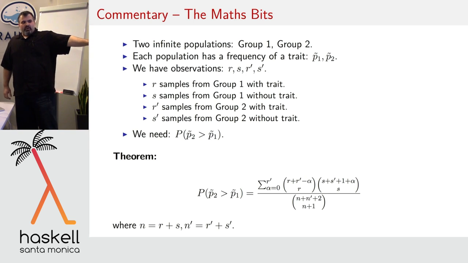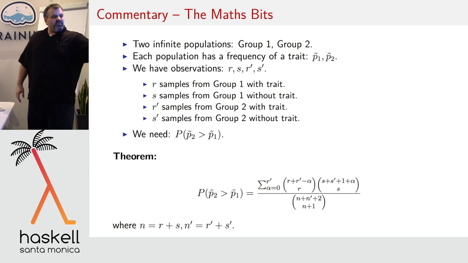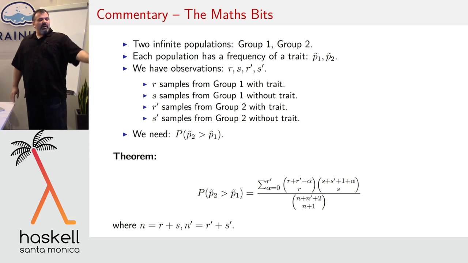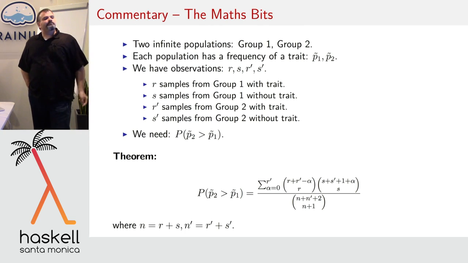Thompson proves this theorem. This is that first wall of integrals that is obvious to him. He proves this theorem that the probability that the experimental treatment is better than the control has this formula right here.